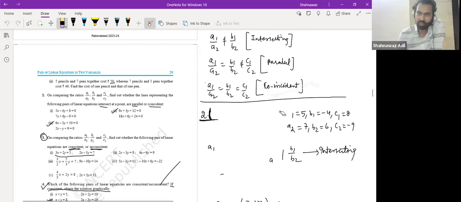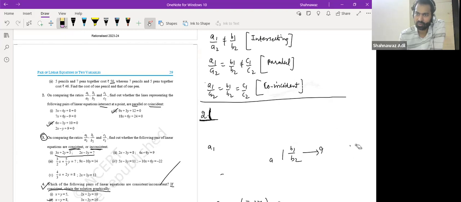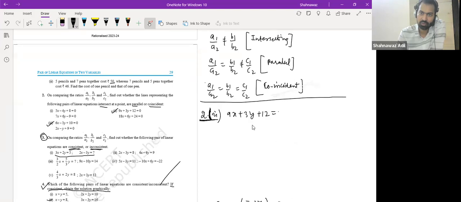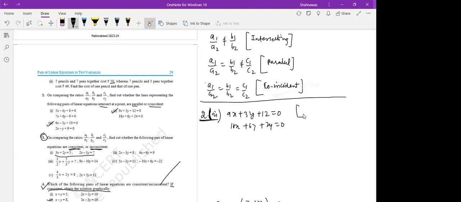So in the second question, we have 9x plus 3y plus 12 equals 0, and 18x plus 6y plus 24 equals 0. So A1 is how much?